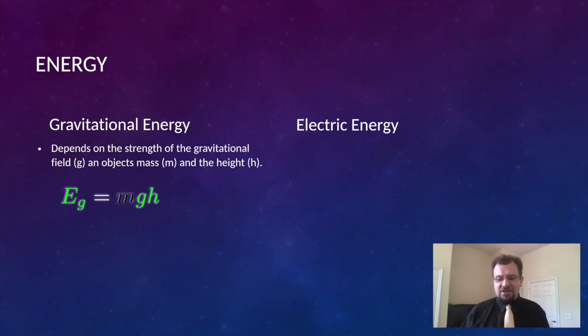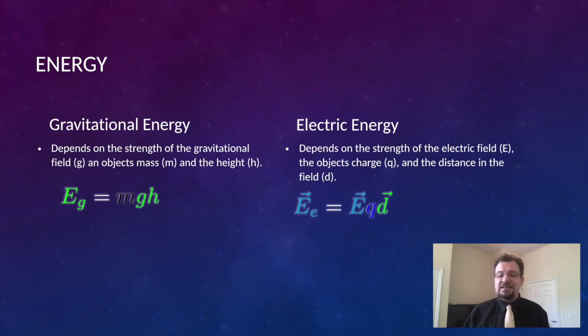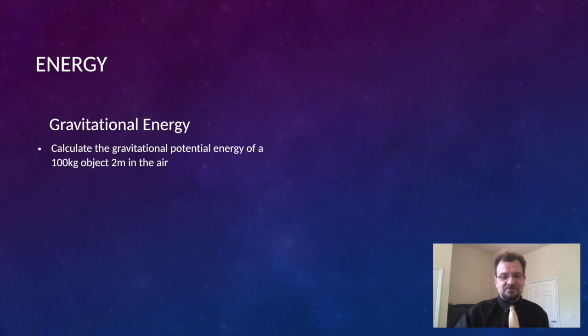And electric energy depends on the strength of the electric field, E, the object's charge, Q, and again, that change in distance in the field. So the equation for this is going to be that electrical energy is equal to that strength of the electric field times the charge times the displacement that you go inside the field.